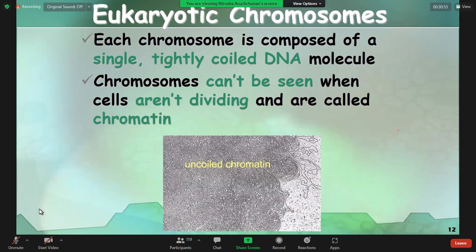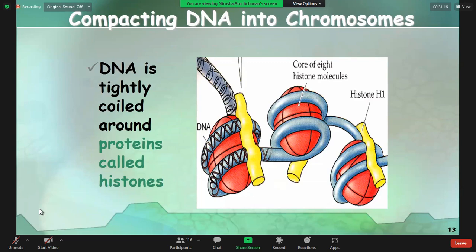Each chromosome is composed of a single tightly coiled DNA molecule, and chromosomes can't be seen when cells are not dividing; they are called chromatin. See, these are the uncoiled chromatin.